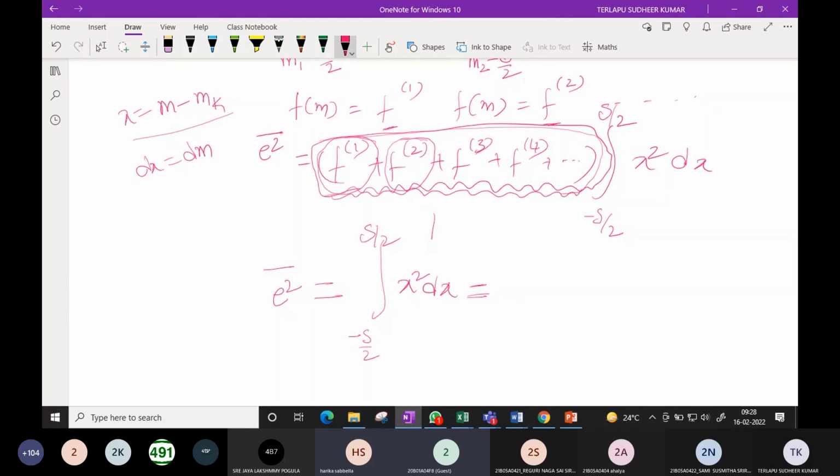Tell me how much the quantization error is after evaluating the integration and substituting the limits.